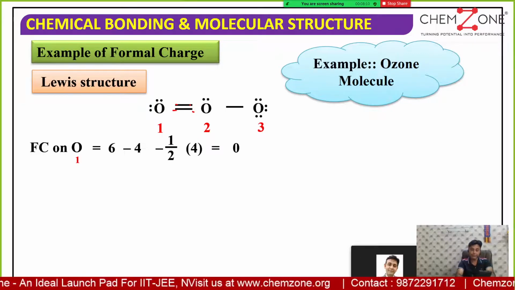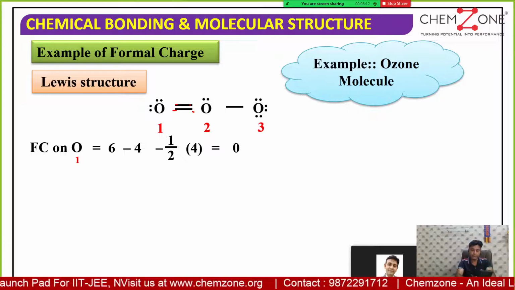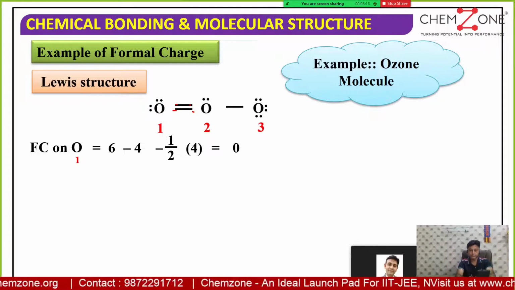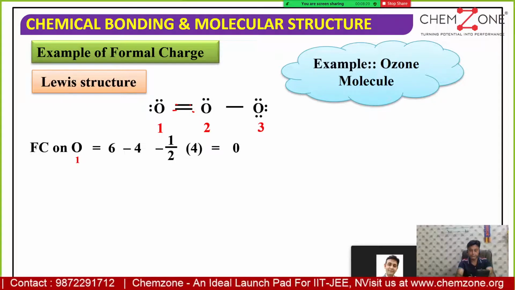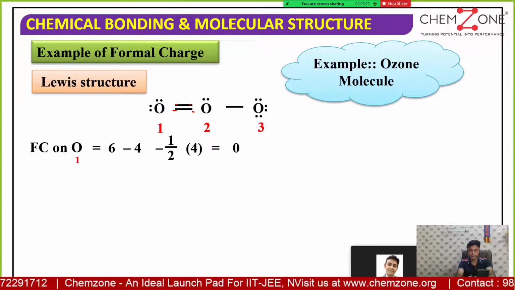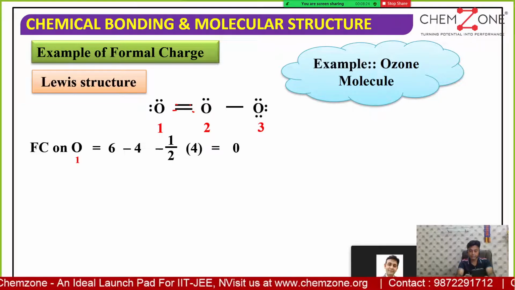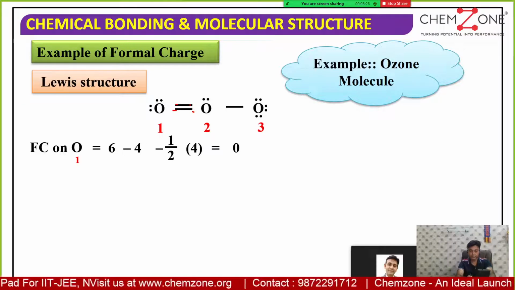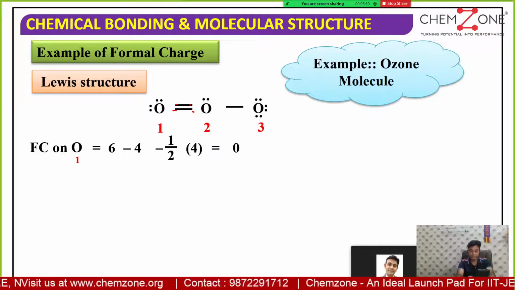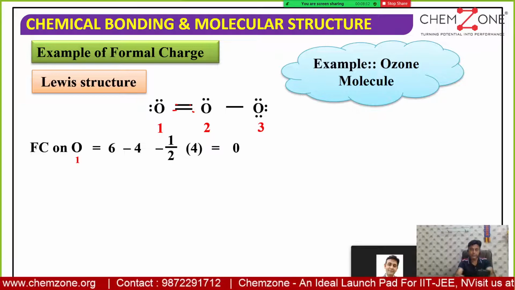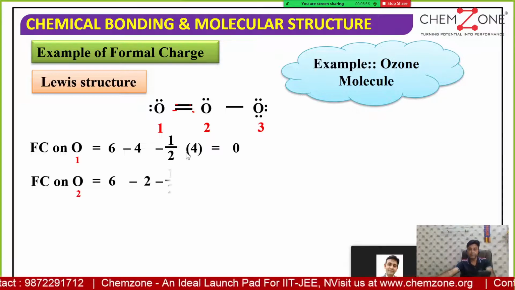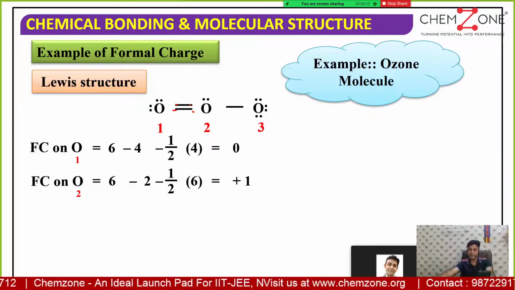Can you calculate for the second oxygen? FC is 1. 6 minus 4 lone pair electrons, and half of 2 electrons is equal to 1, right?